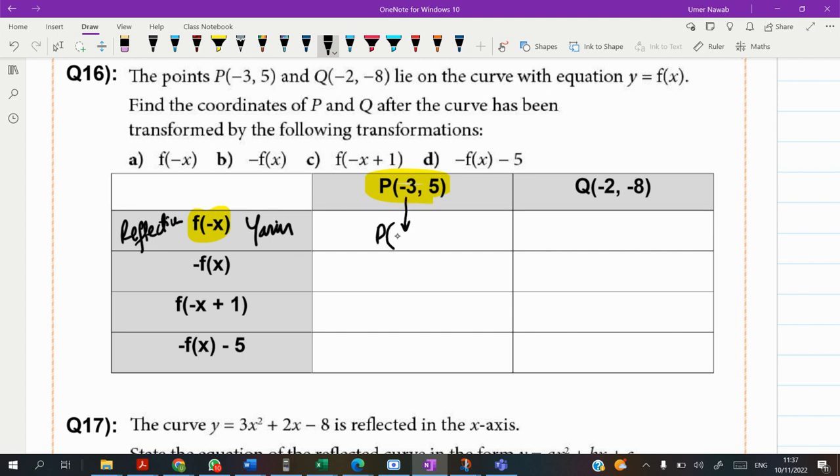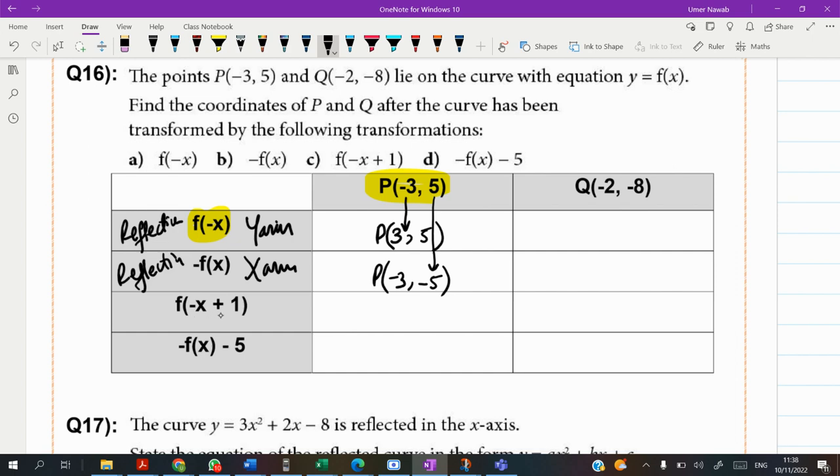So I'm going to write 3, and the 5 will stay as it is. So 3, 5. Agreed? Minus f of x means it is a reflection about the x-axis. So at this time, the 5 will change its sign. Minus 5. In x-axis reflection, don't get confused, the y coordinate changes the sign. Clear?